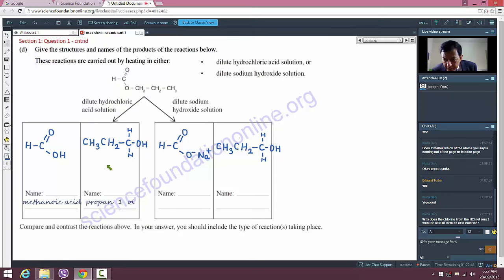Propan-1-ol. Why does the chlorine from the HCl not react with the acid to form an acid chloride? Good question. Edward is wanting to know why, when you break up the ester, does it not form the acid chloride, which would then be not this OH here, but with a Cl, methanoyl chloride. Producing an acid chloride from an acid is not easy. The Cl cannot react with it just like that.